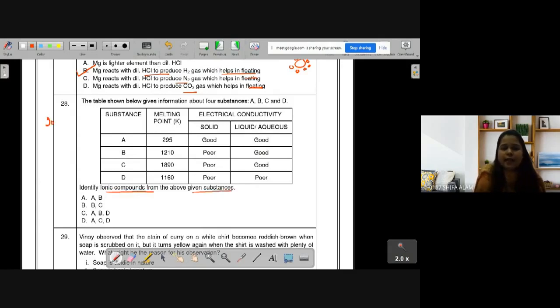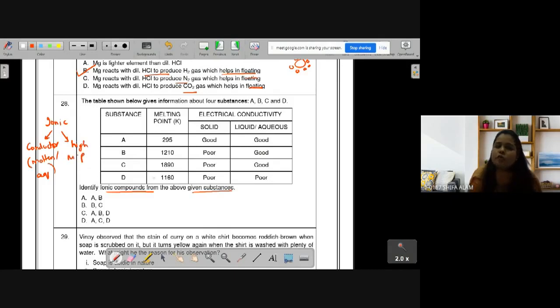For this, the characteristics of ionic compounds should be recapitulated. First, it is a good conductor of electricity. Yes, but ionic compounds conduct electricity only in the molten or the aqueous state. And the second point, they have a high melting point.